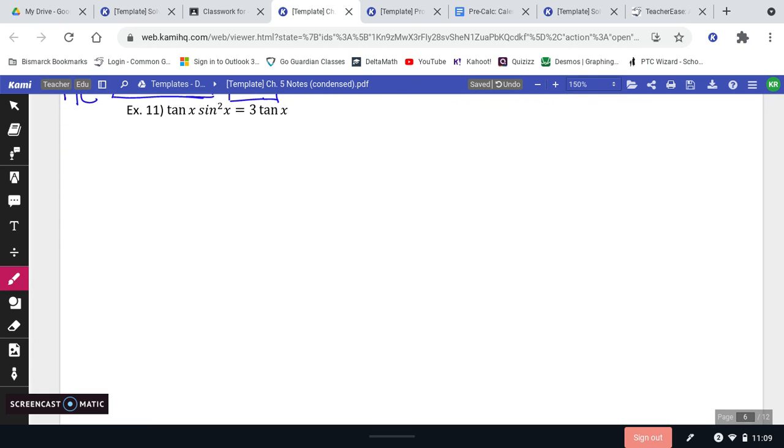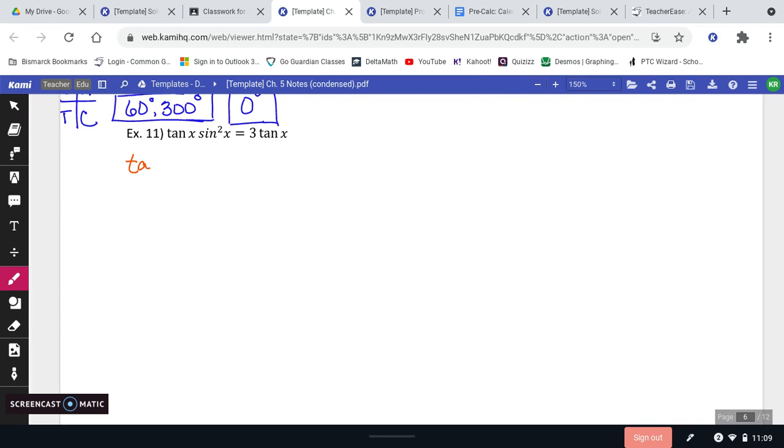Okay, this is the last one today. So we have tangent mixed in with sine. Here I suggest moving your 3 tangent x to the left. I think you'll see what's going to work out for us when we do that. So notice you've got 2 terms. You've got your tangent times sine squared, and then you've got your 3 tangent.